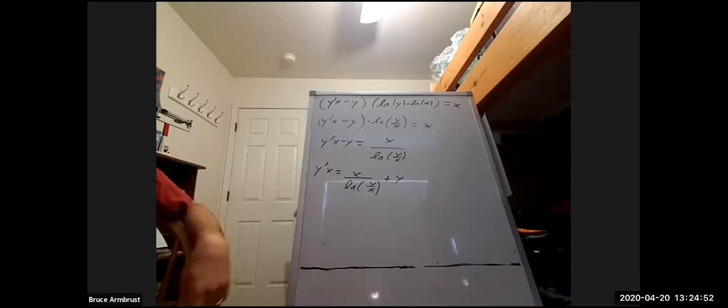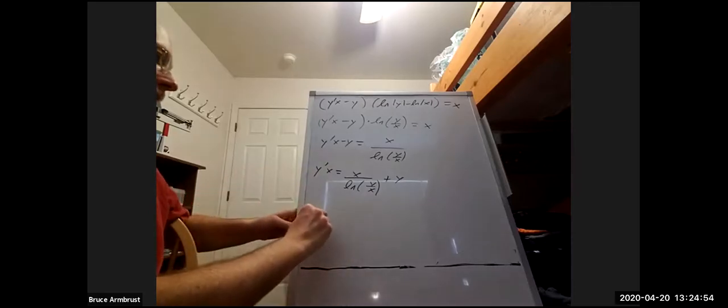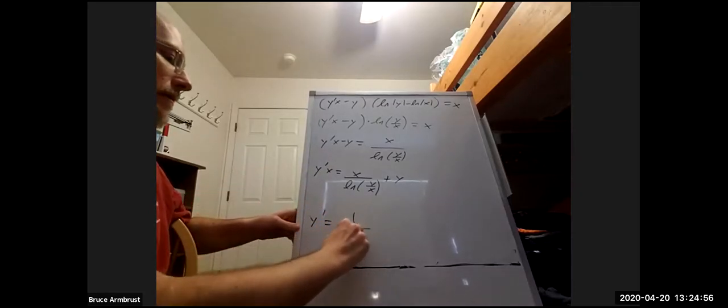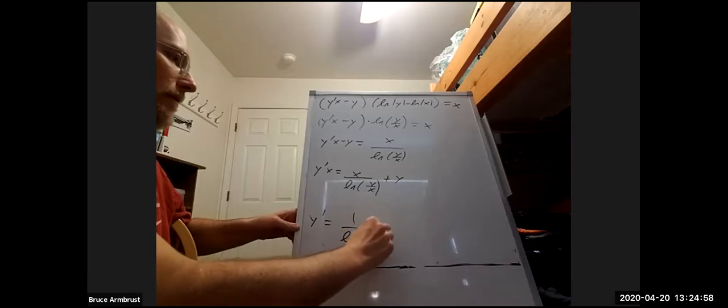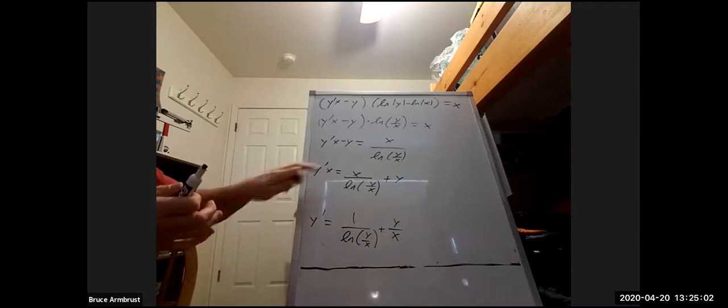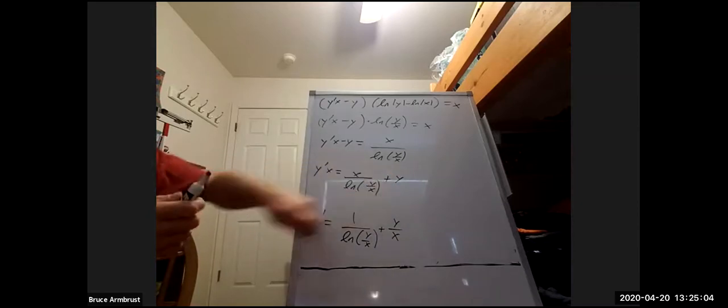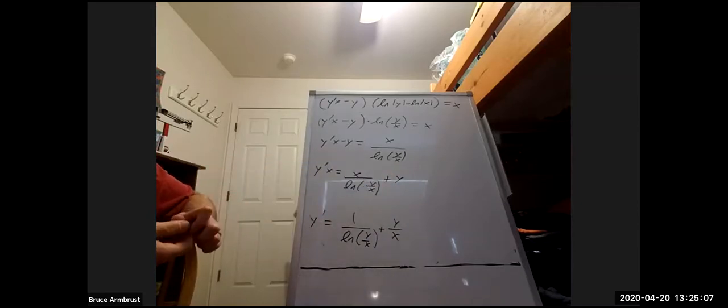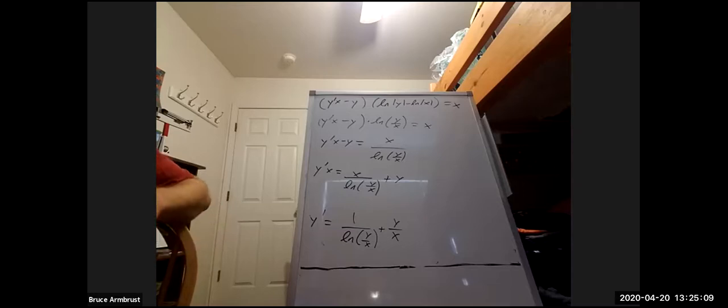And then I'm going to divide everything by x. And so the x's cancel for this first term, and then the y over x gives me y over x. And that definitely looks like the homogeneous nonlinear.